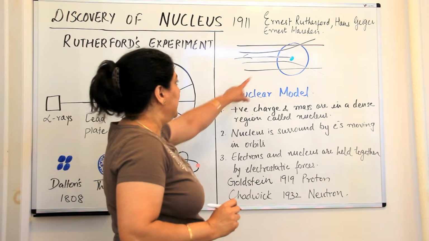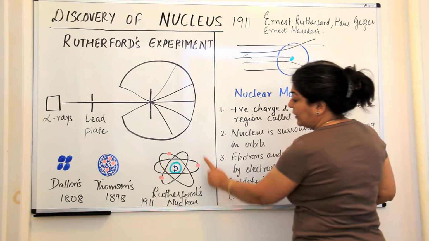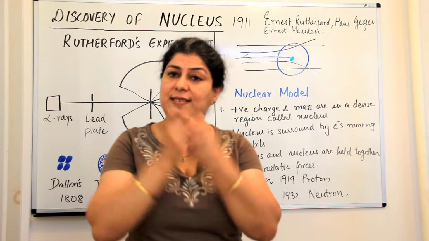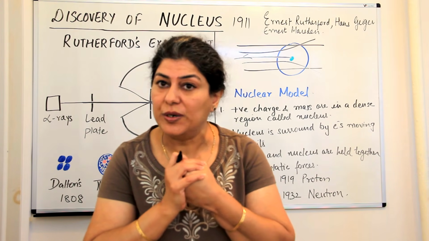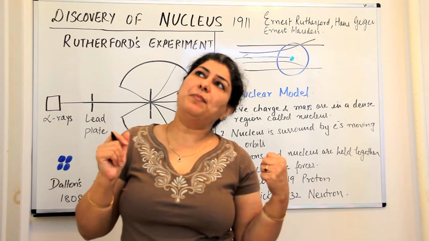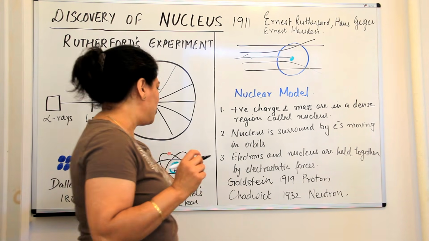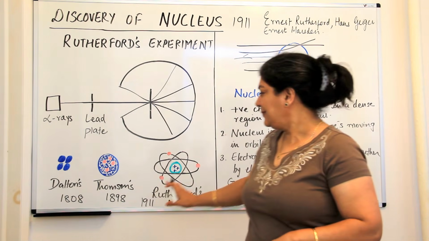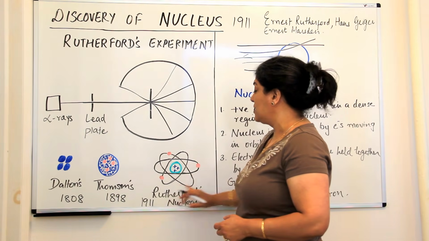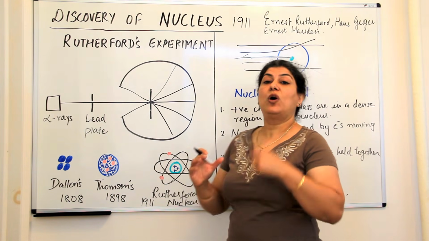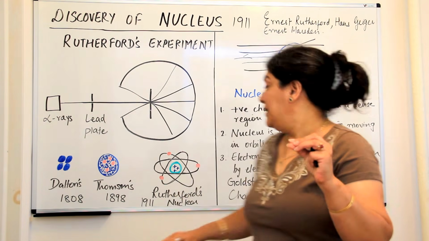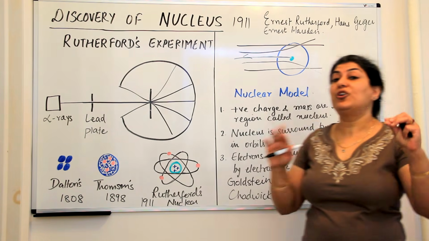He said the positive charge of an atom is concentrated in the center, called the nucleus, while the electrons revolve around it, somewhat like the planets revolving around the sun.